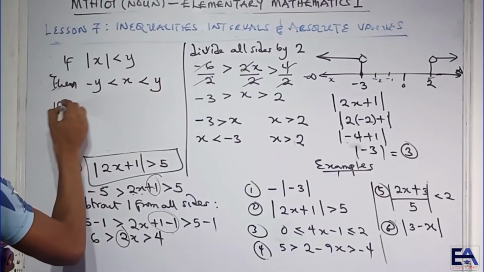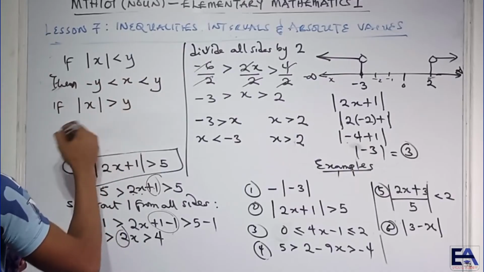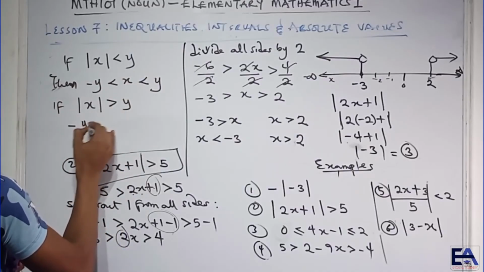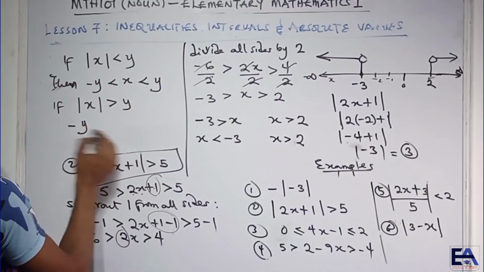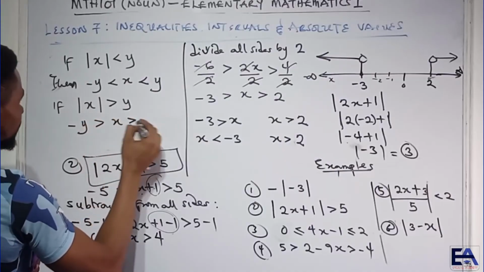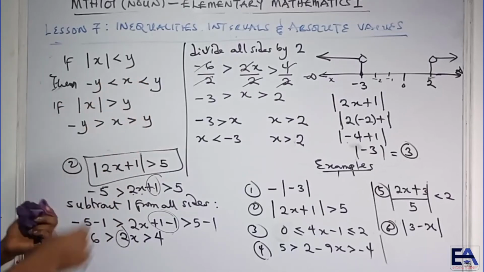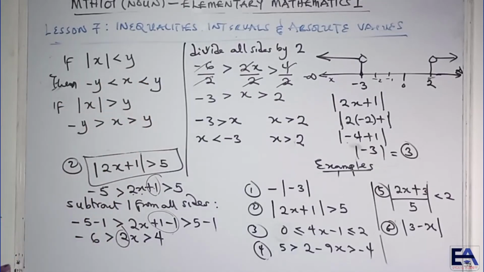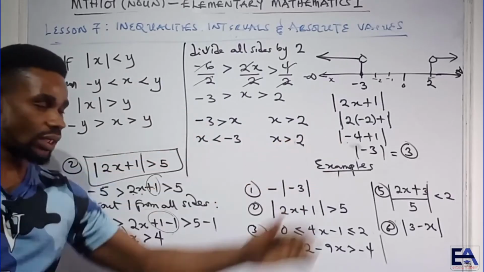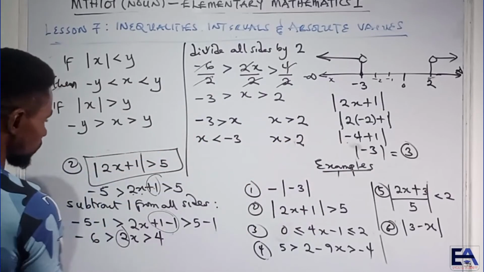But if the absolute value of x is greater than y, the same thing applies. Minus y will be greater than x, then greater than positive y. So that is the rule that was applied to solve this question, and then everything was still correct. All right, so let me just take this off.